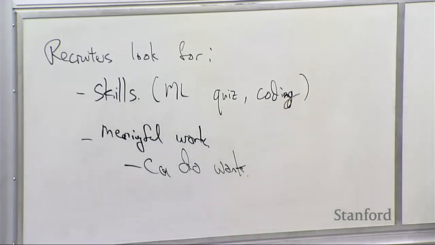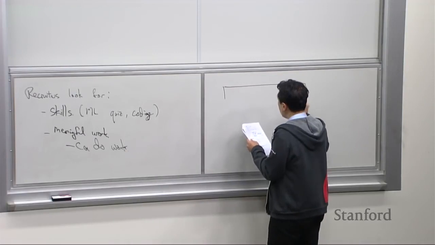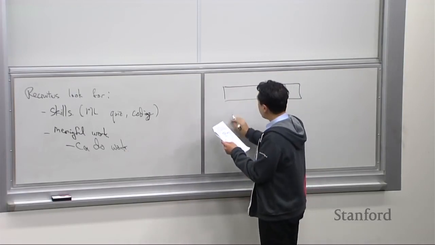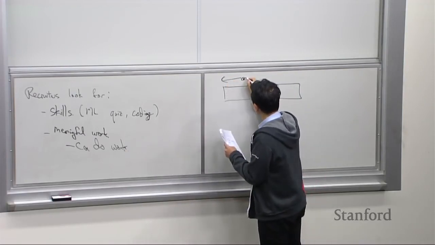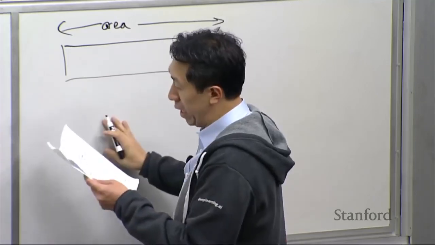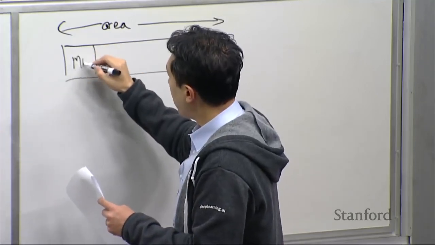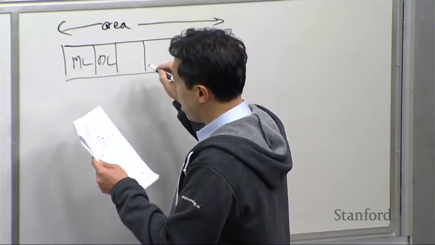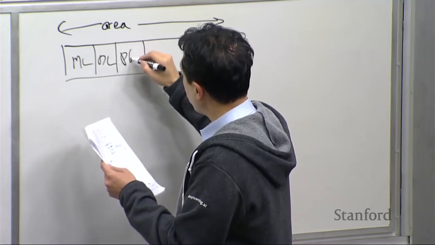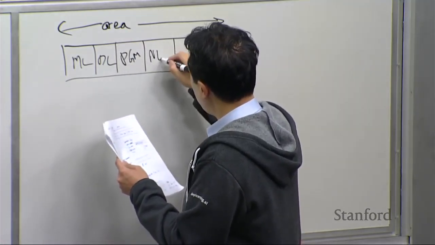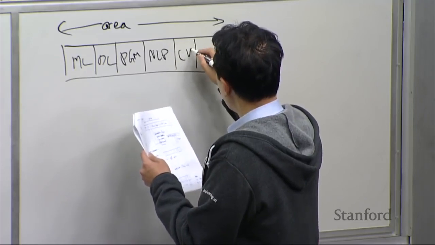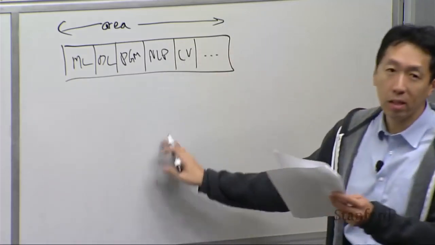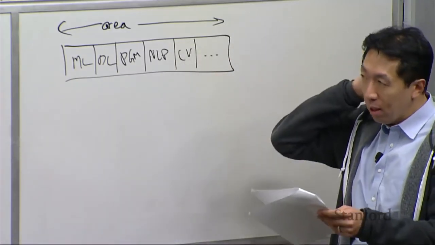And so a very common pattern for the successful AI engineers, say, machine learning engineers, would be the following. On the horizontal axis, I plot different areas. So you might learn about machine learning, deep learning, probabilistic graphical models, NLP, computer vision, and so on, for other areas of AI or machine learning.